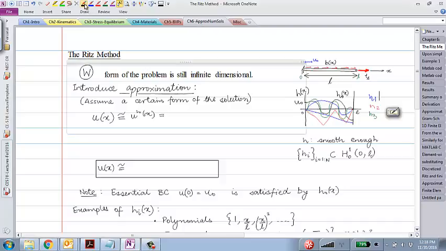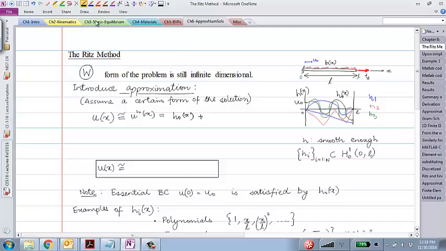If I do that, then I can write my approximation as h0 of x plus some unknown constant a1 times h1 of x plus some unknown constant a2 times h2 of x, and so on.